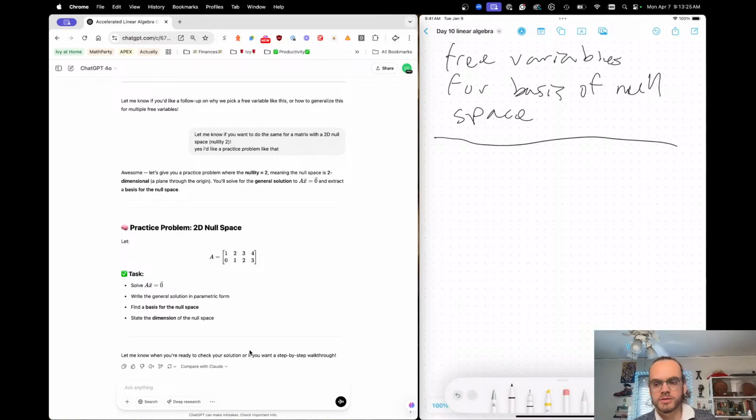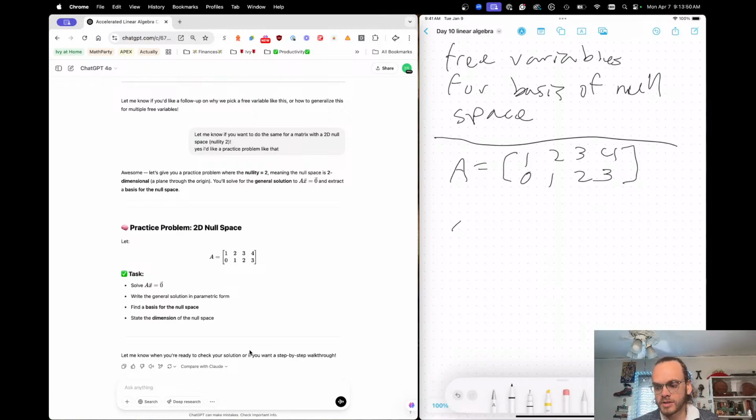So Ax equals 0. The way I set this up, I have A equals [1, 2, 3, 4; 0, 1, 2, 3]. This is still on my day 10 linear algebra notes. I guess I should start new notes after I finish this. And I want a general solution in parametric form.